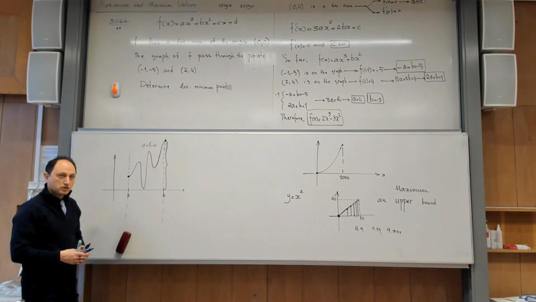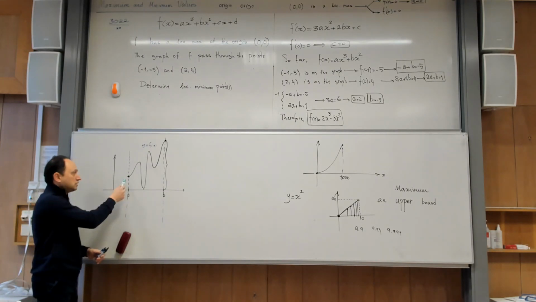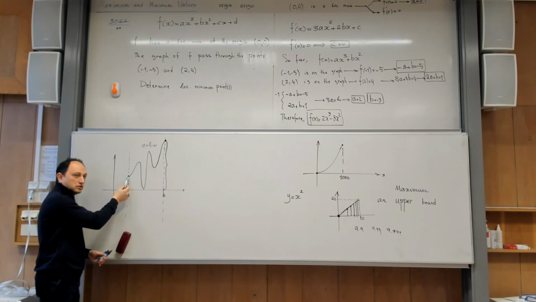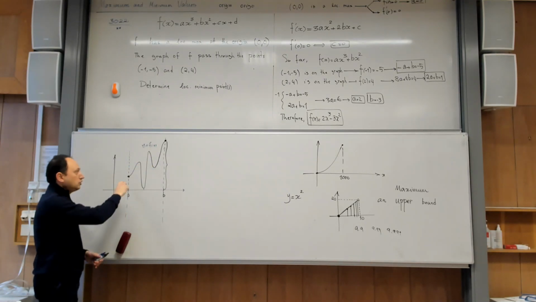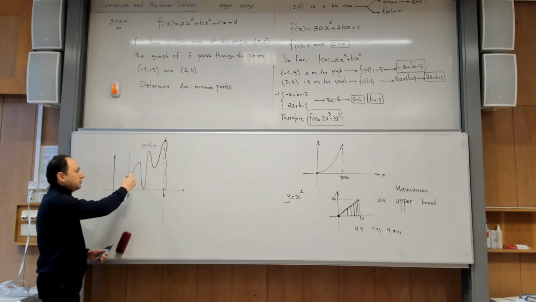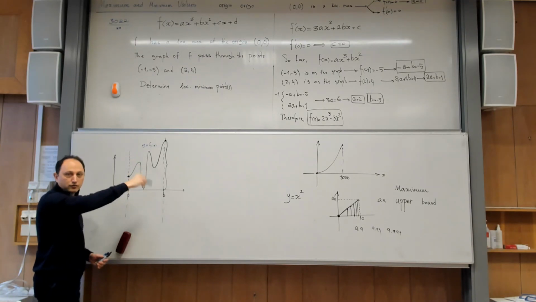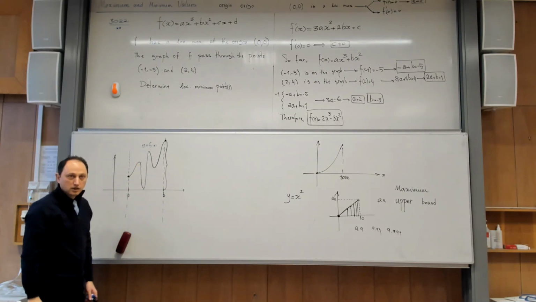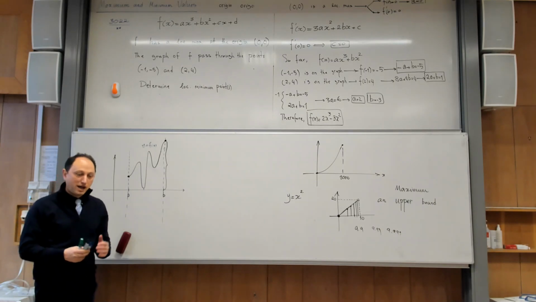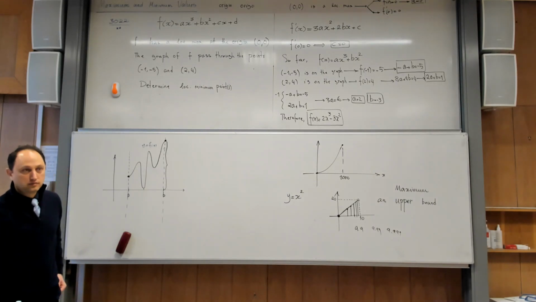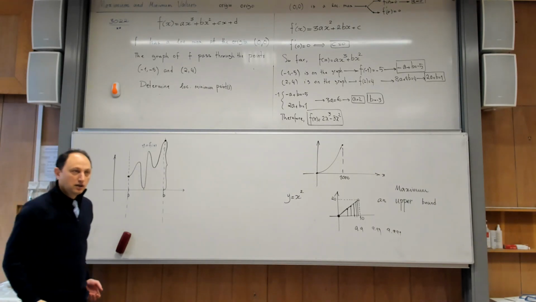Try to imagine. You start with a filled dot, you end up with a filled dot, this is the constraint, and then you are not allowed to lift your pen from the board. So then you have to draw continuously. And try to imagine where the maximum and minimums can occur. Where they can occur.